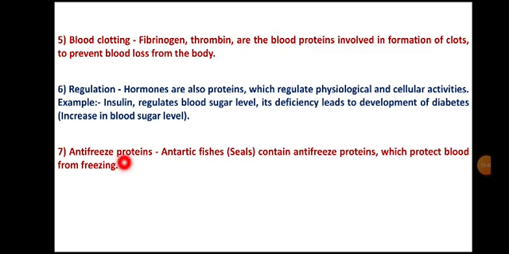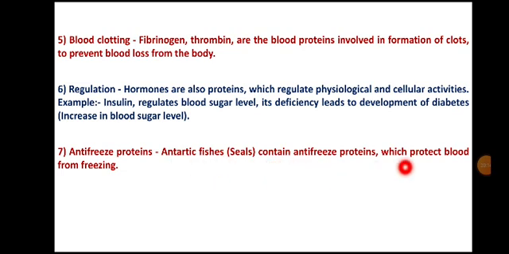Then proteins are involved in preventing the freezing, that is they show anti-freezing effect. So an excellent example is antifreeze protein present in Antarctica fishes, which are present in Antarctica region where the temperature is below 0 degree Celsius.